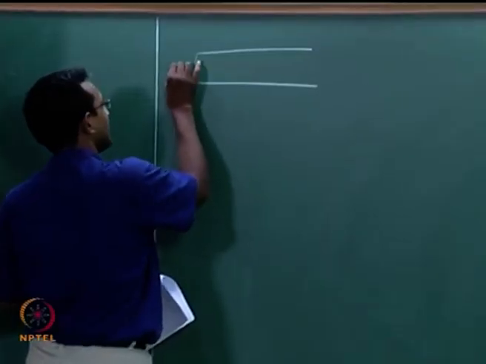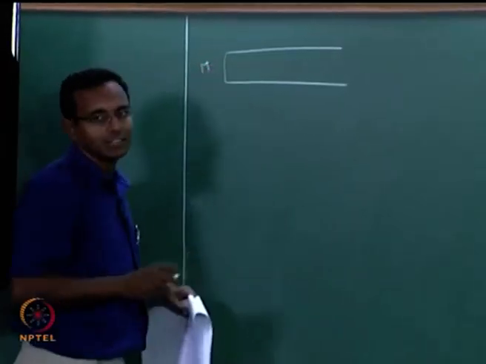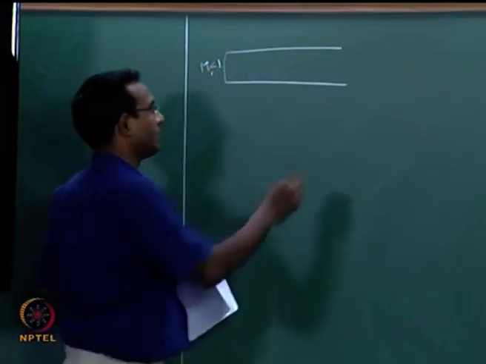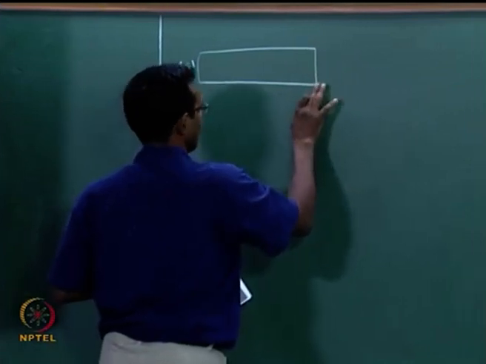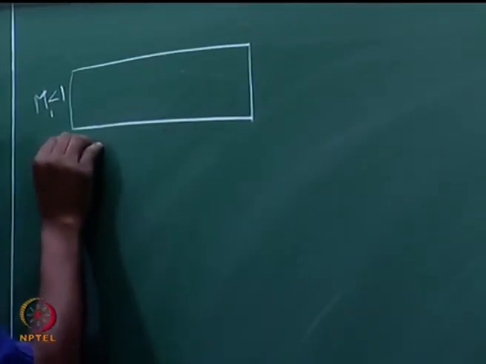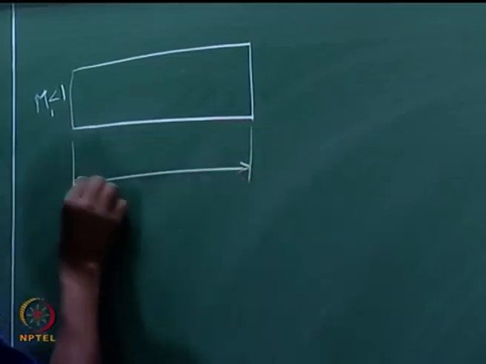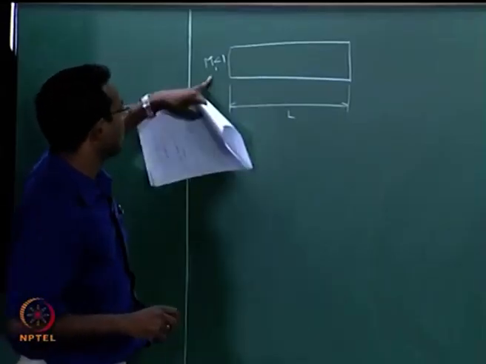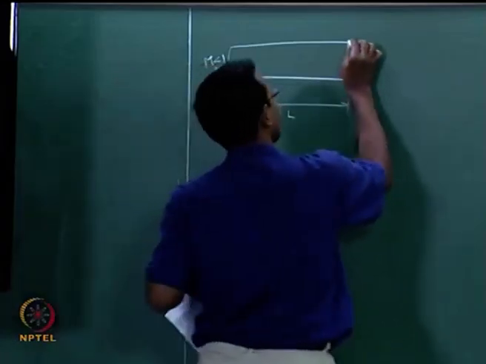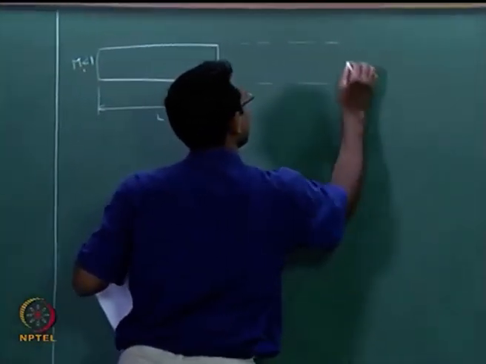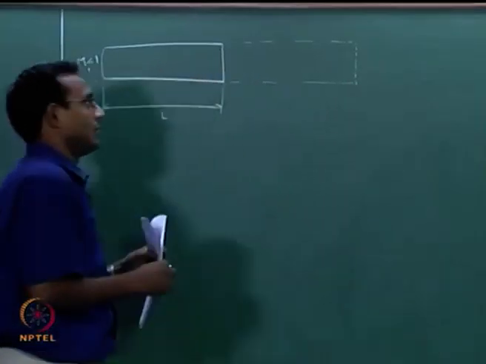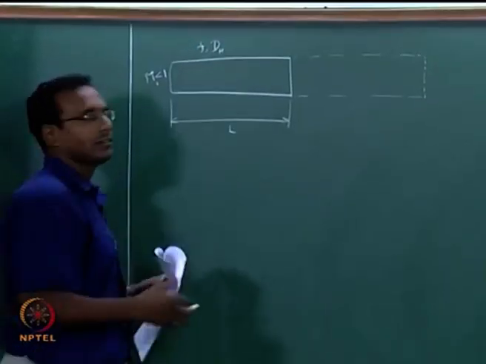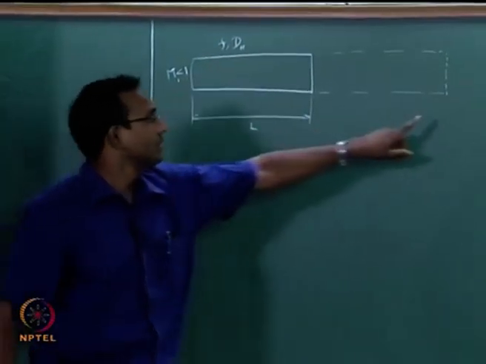Let us say I have a duct and we are starting with, let us say, M1 less than 1 at the inlet, and I am going to say this is my duct of some length L. For this Mach number M1, for that particular friction factor and the hydraulic diameter of my duct, the L star, or L max, happens to be this long.